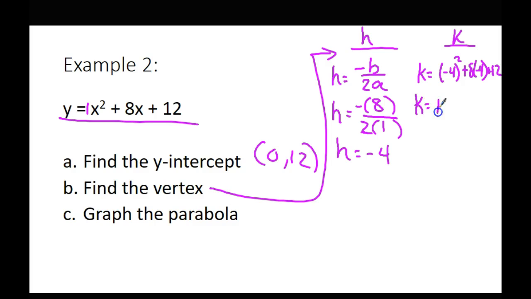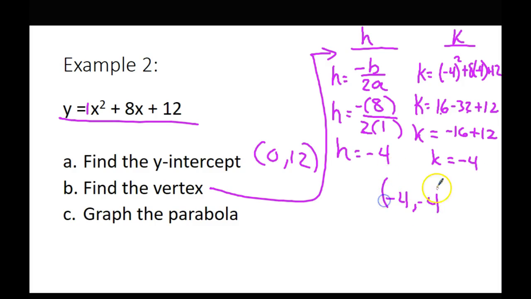So that's going to be 16 minus 32 plus 12. Combining the first two there, I get negative 16. Negative 16 and 12 is negative 4. So my vertex will be negative 4, negative 4.